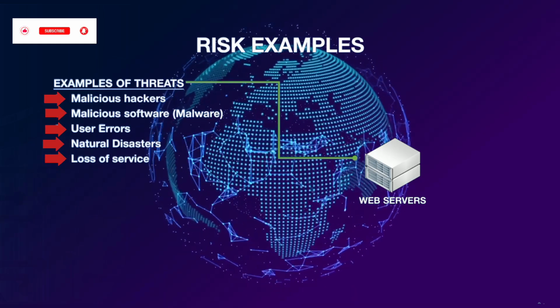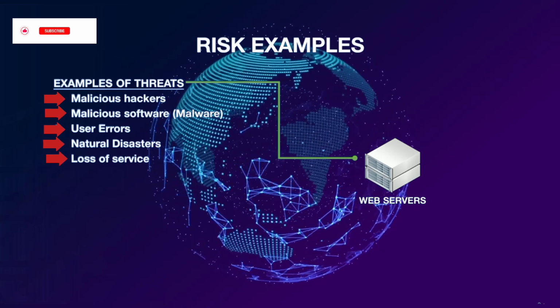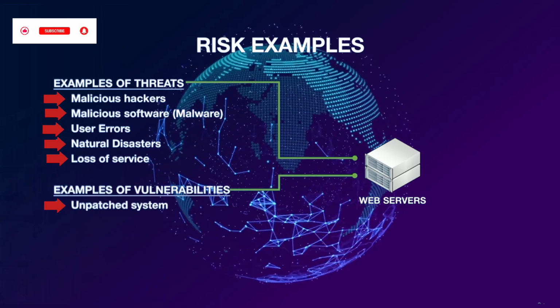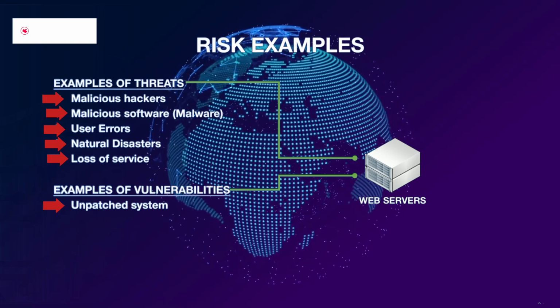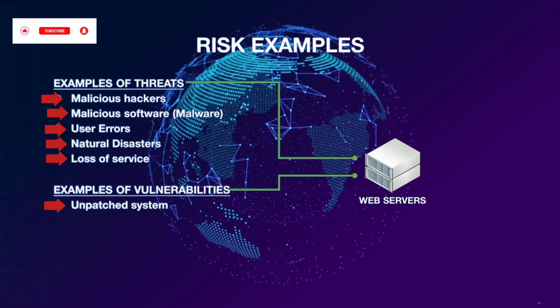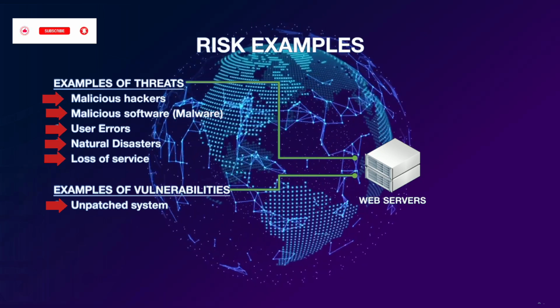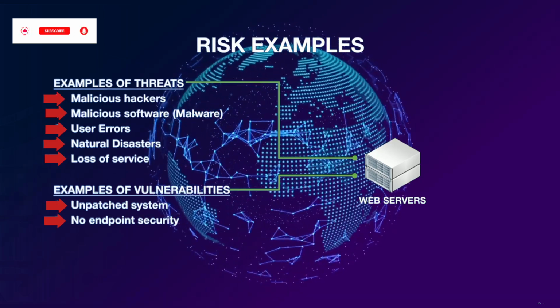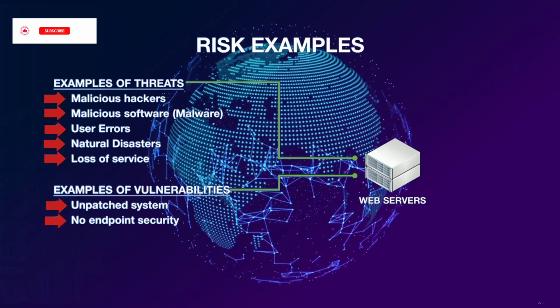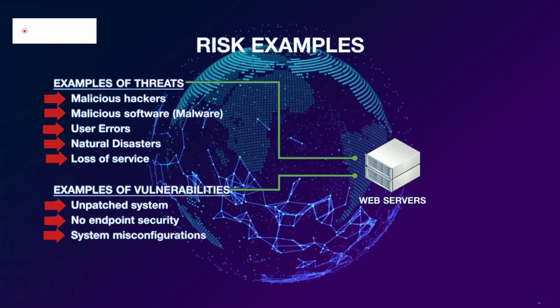Now vulnerabilities, on the other hand, are things like an unpatched system. If you have an operating system that does not have patching that's up to the current level, it could be vulnerable. No endpoint security to defend that web server from those malicious hackers or that malicious software. System configuration that allows a user to commit an error, or no backup site location, which means you might lose services and now you can't restore to a backup location to continue operation.